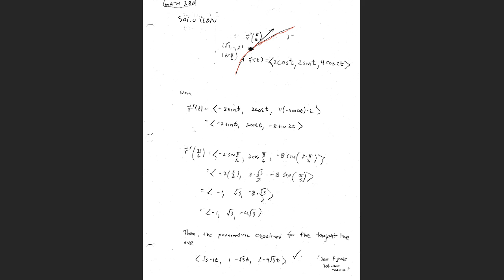So how do we know that at this point here, at (√3, 1, 2), time equals pi over 6? How do we come up with that t value?